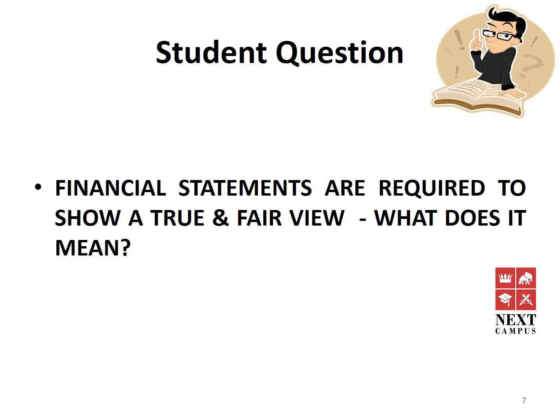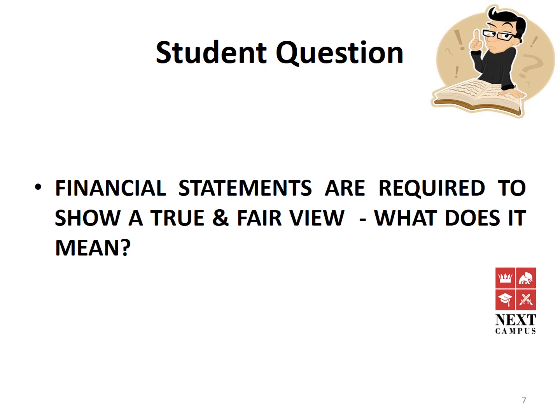So they should not include anything that is incorrect. The calculations in the financial statements should be correct, the double entry should be correct. So financial statements should be factually correct. That is what is meant by being true.